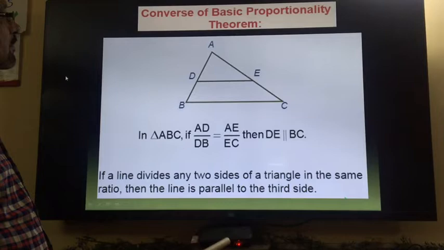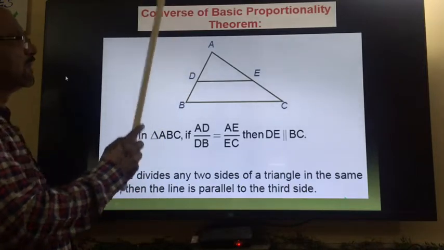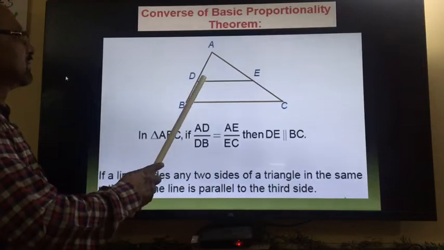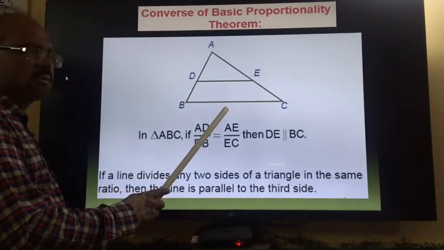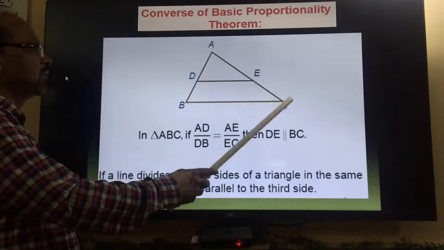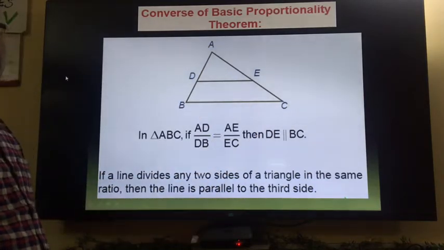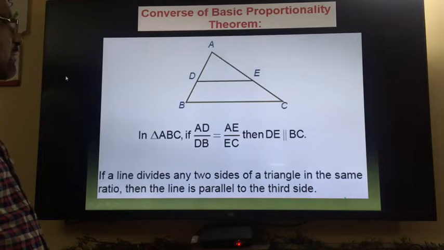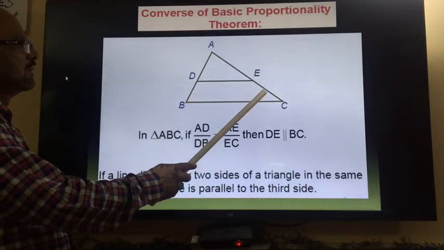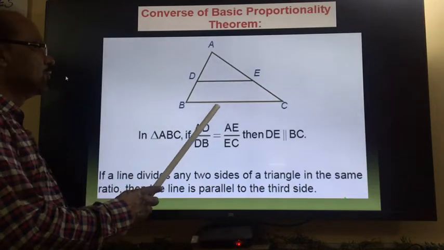Now the next theorem is its converse. In the basic proportionality theorem, it was given that line DE was parallel to BC, and then AD upon DB is equal to AE upon EC. This was in BPT, so its converse is just the opposite. So the ratio will be given and then the line will be parallel to BC.